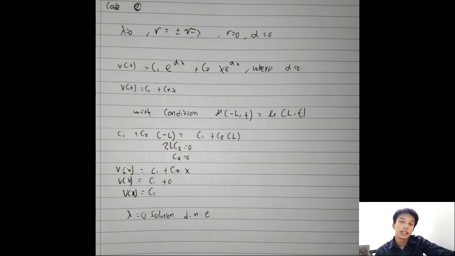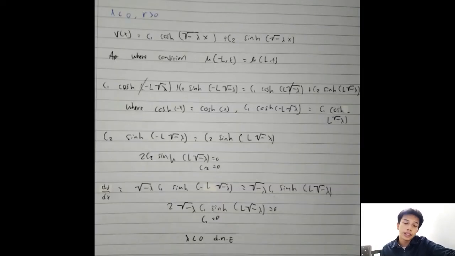The general solution is c1 e^(αx) + c2 x e^(αx), where α = 0, so the general solution is v(x) = c1 + c2x. Applying the initial condition u(-L,t) = u(L,t), we deduce that c2 = 0 and v(x) = c1. For λ = 0, the solution does not exist.